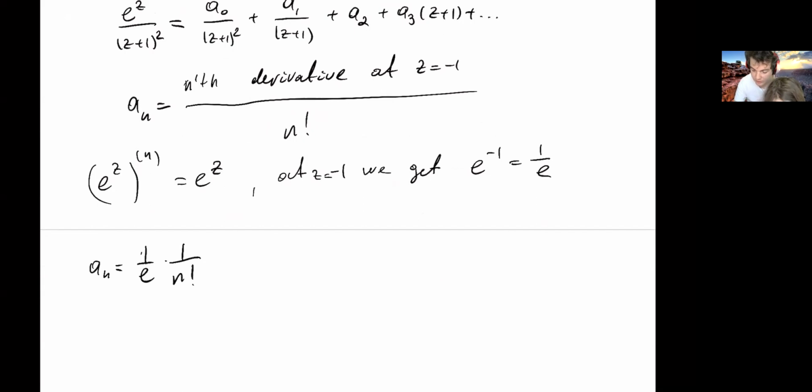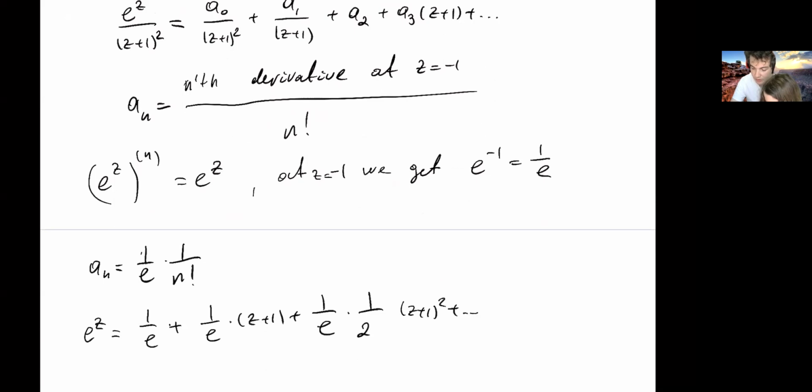And so we get that e to the z is equal to 1 over e times 1, plus 1 over e times (z plus 1), plus 1 over e times 1 over 2 factorial, which is 1/2, times (z plus 1) squared, and so on.